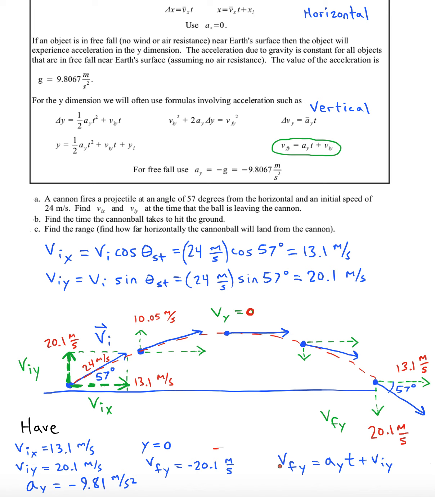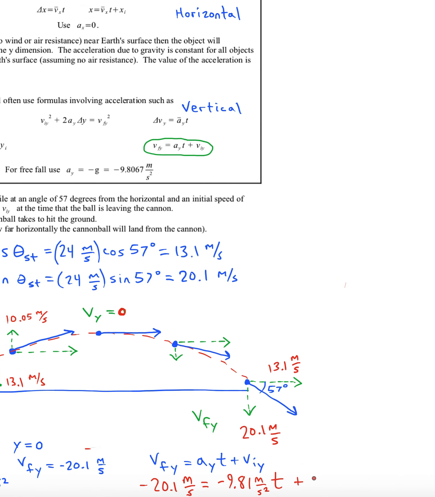Let's plug everything in. We always want to keep track of the directions in these types of problems. So the VFY, because it's down, will be considered negative. AY will be the acceleration due to gravity, which is listed right here. And then the VIY is going to be positive 20.1 meters per second.